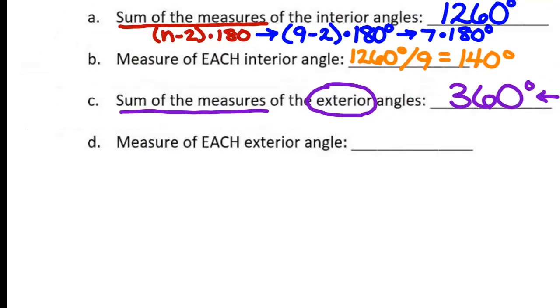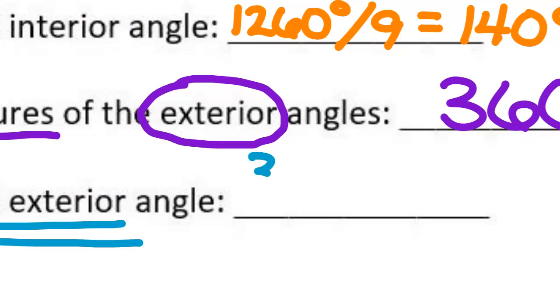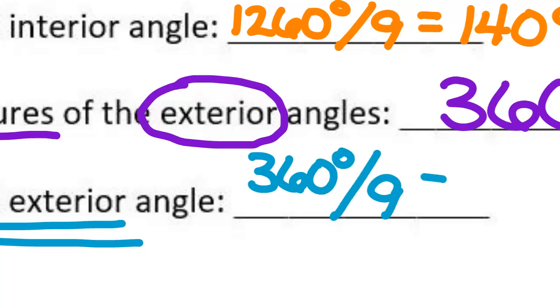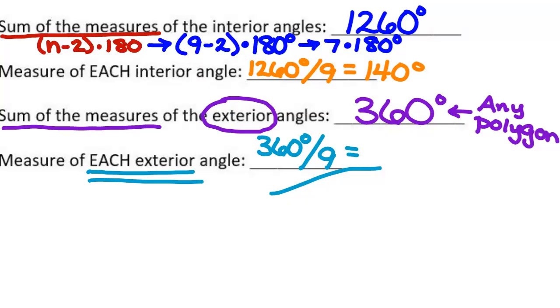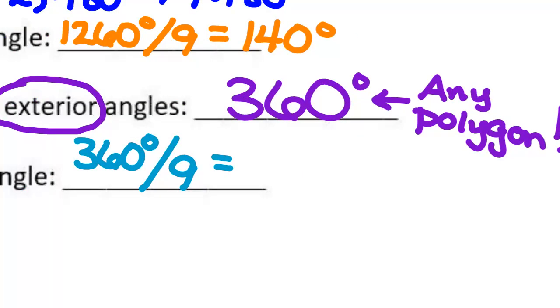So what would I need to do if I wanted to find the measure of each exterior angle for my nonagon? Divide it by what? By 9, yes. So we're going to do 360 degrees divided by 9. What is 360 divided by 9? 40.